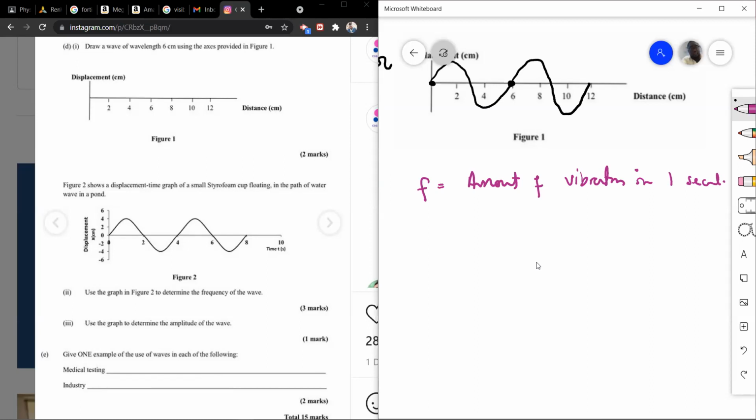If one wave is equal to 4 seconds, therefore 1 divided by 4 is 0.25 hertz.